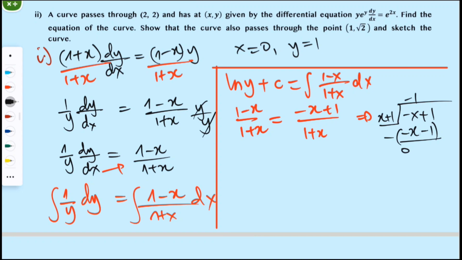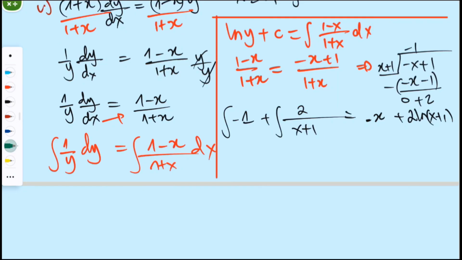Then we have 1 minus negative 1, which is positive 2. So this is the same as having the integral of negative 1 plus the integral of 2 over x plus 1, which is equal to negative x, and then integrating this one, you should have 2 natural log of x plus 1.